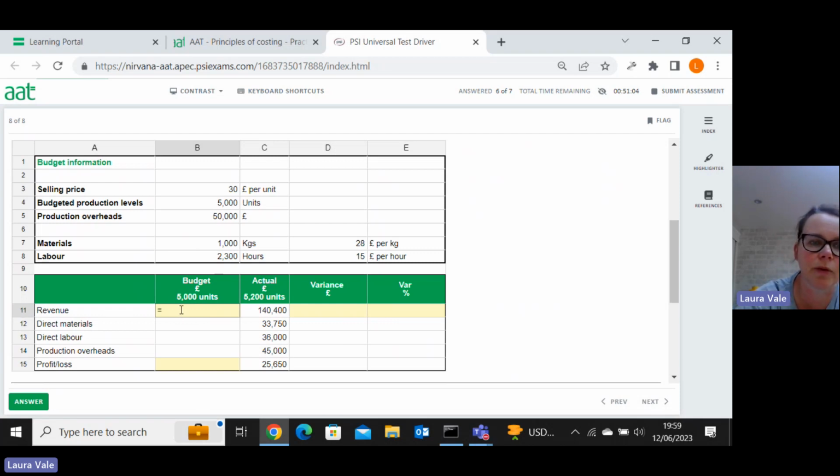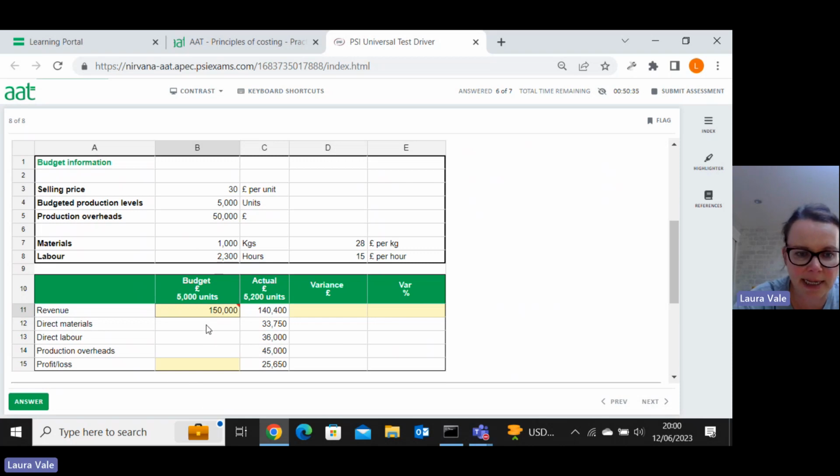So equals, I want to do the 5,000 units, that's going to be B4, multiply, which is shift and 8 to get the little star, and then I want to times that by B3, which is the selling price. Now if I press enter, I get a number, and if you just check on your calculator, have you got the number that you would expect, then that gives you a good clue.